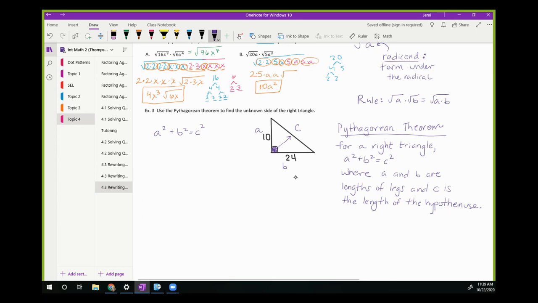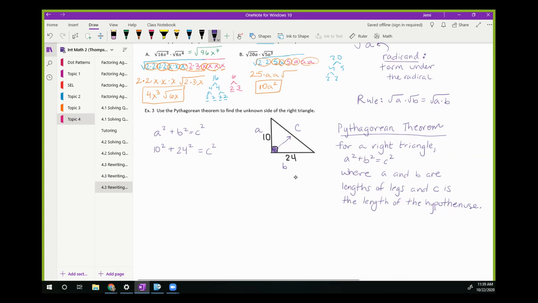All right, so for A, I'm going to plug in 10, so I have 10 squared. For B, I'm going to plug in 24, I get 24 squared. And then hypotenuse is just C still. Now these numbers are going to get a little big. That's okay.